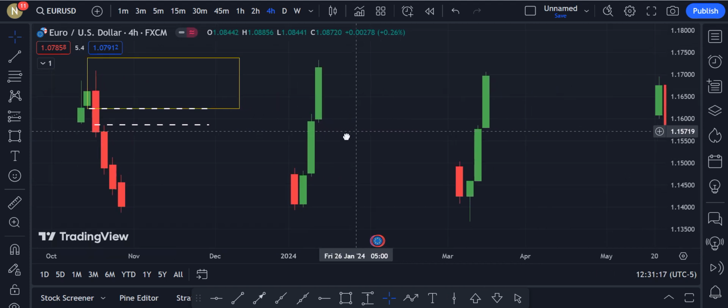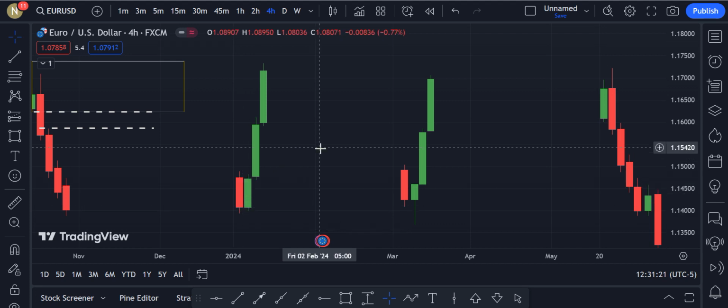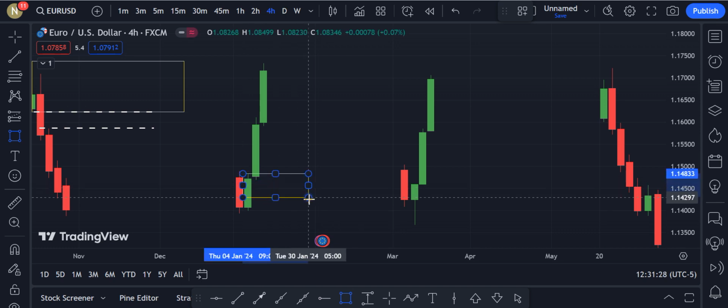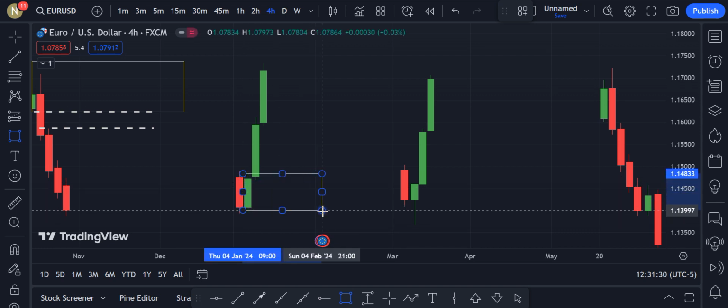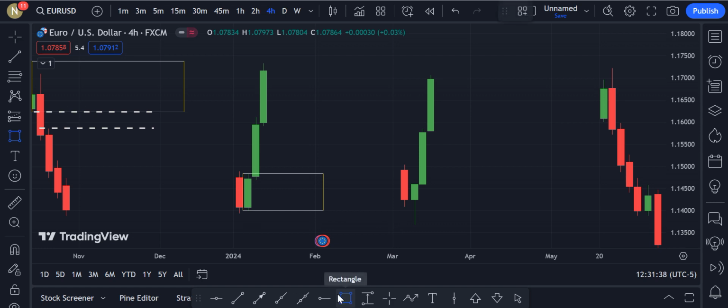Let's skip there. Let's come to this. Look at this, the start of an impulsive move. In this case, most people will spot this as the start of an impulsive move, but it would make much more sense if you considered this candle, the first candle before.